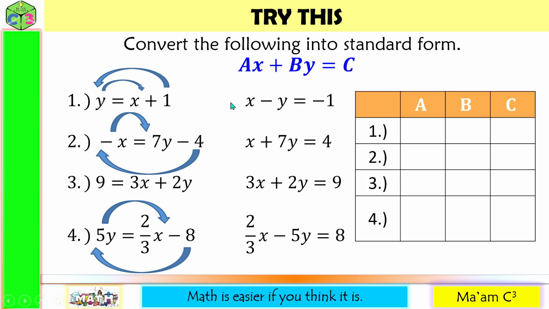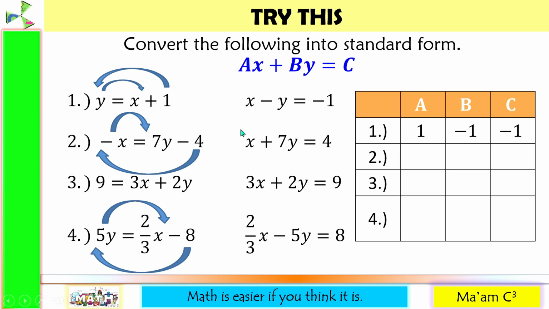Let's start with number 1. So our A is the coefficient of x, B is the coefficient of y, and C is the constant on the right side. So for number 1, our A is the invisible 1, our B is negative 1, and our C is negative 1.